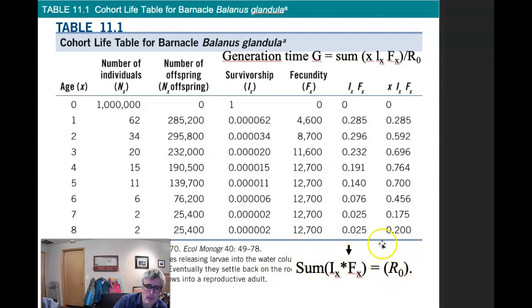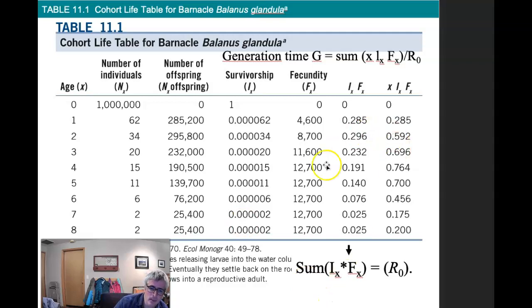If we sum up this entire column, this becomes our net reproductive rate, R0. If this sum of survivorship times fecundity equals 1, then we've produced the same number of offspring for the next generation as this cohort, meaning the population is stable.